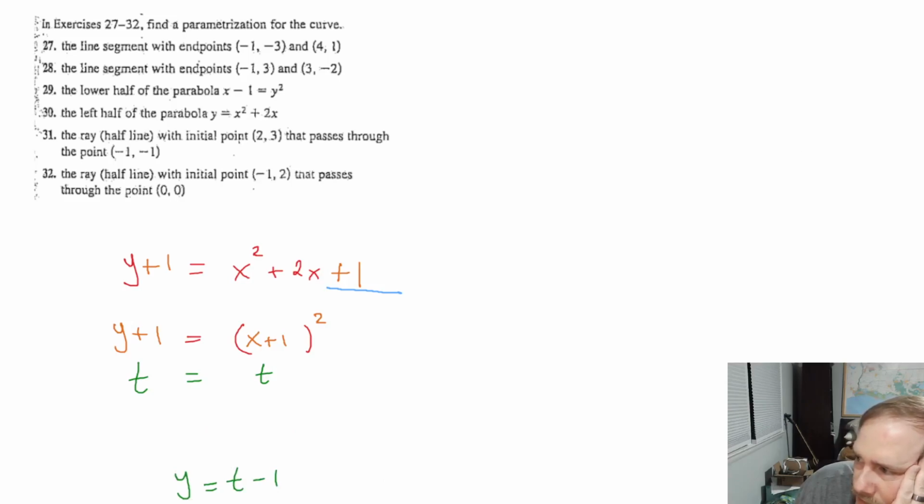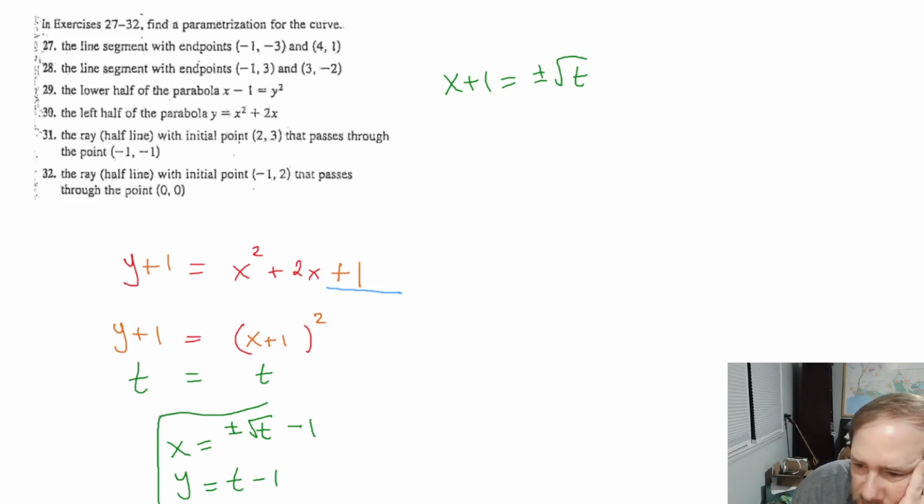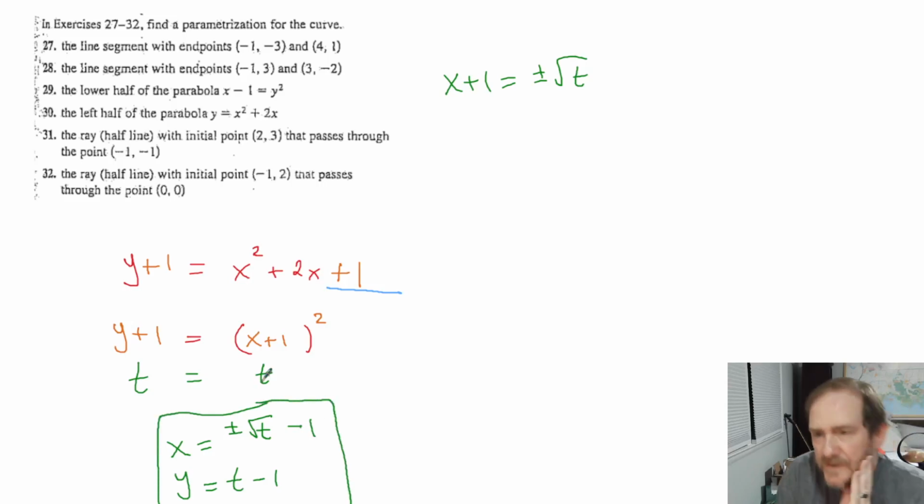And the x stuff, if x plus 1 squared equals t, then that would mean what? That x plus 1 equals plus or minus root t, and we would take 1 away from that. So x is going to equal plus or minus root t minus 1. Yeah. So there's a possible parameterization. It's not the only possible parameterization, but it's the one I'm going with.